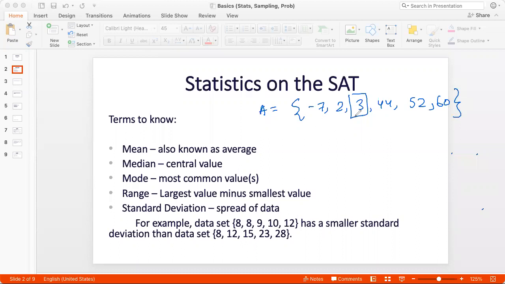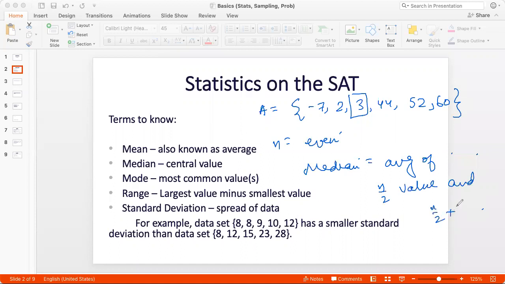And now I have 6 terms. So when n is even, then the median is the average of the n by 2 value and the (n by 2) plus 1 value.